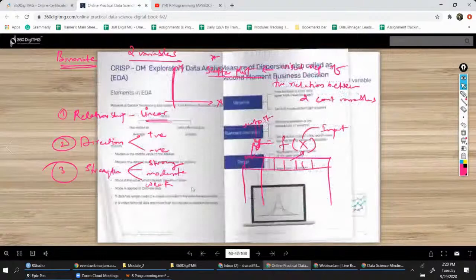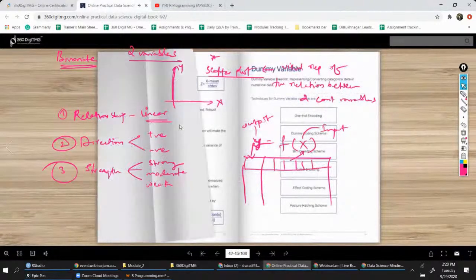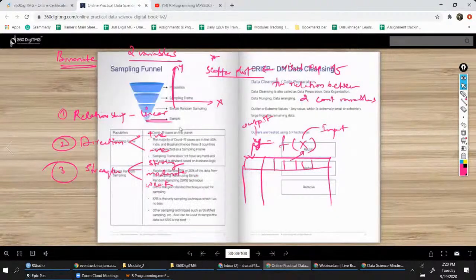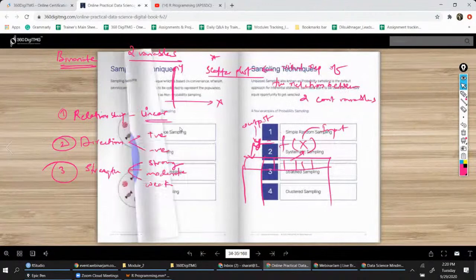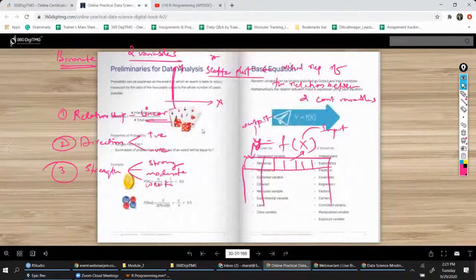Let me just find out if I can bring up that equation. Yeah.